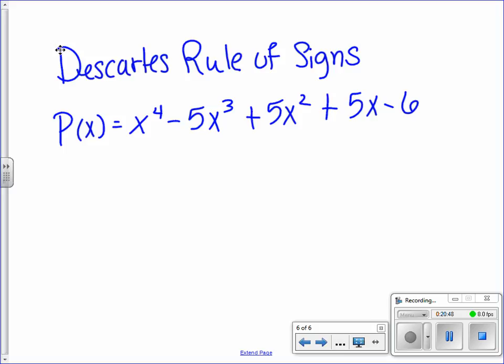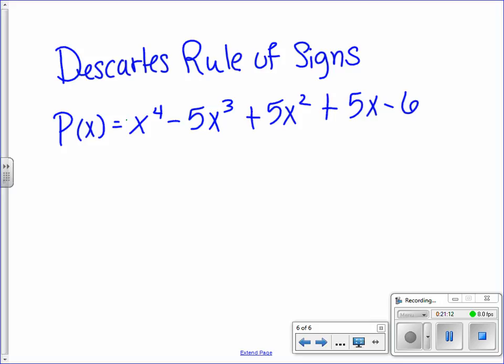Alright, Descartes' rule of signs says that when you have a problem, just like you haven't done anything to it, how many ever sign variations there are, how many times the problem changes signs, that's how many positive roots you have, by multiples of 2. Okay, let me show you what I mean.